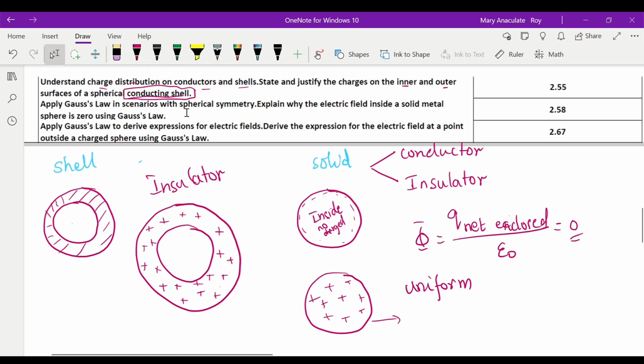Now the third one: apply Gauss's law to derive expressions for electric fields. This is the one I told you about in the beginning. Some students find it difficult, but if you go through it step by step, slowly understand it and then apply it, it will be easy. Derive the expression for the electric field at a point outside a charged sphere using Gauss's law.